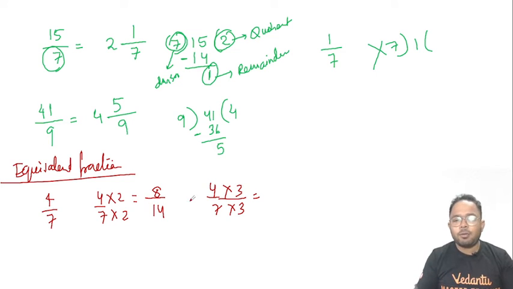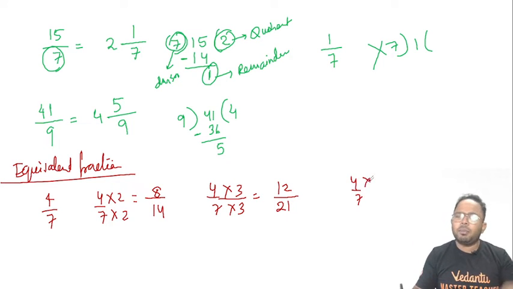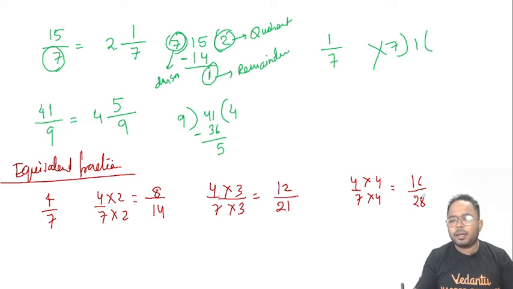तो मल्टीपल्स ले रहे हैं, 4 3 जा 12 हो जाएगा, 7 3 जा 21, ये भी इक्विवेलेंट है। तो ऐसे हम लोग बहुत सारे, we can make lot many. If I multiplied 4 with 4, 4 4s are 16, 7 4s are 28.